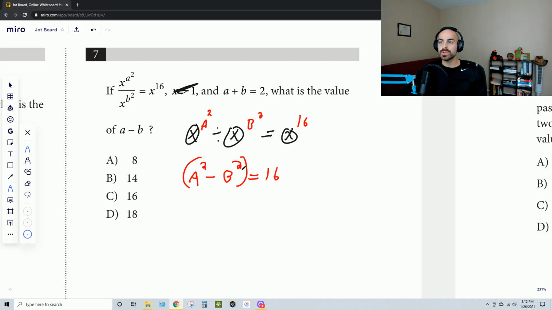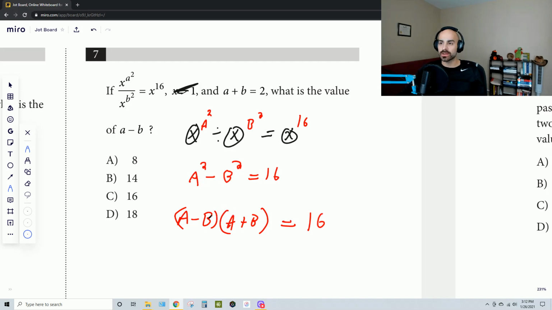The square root of b squared is just b. And so what that means is we can factor this out into the equation of a minus b times a plus b. And then that's equal to 16.